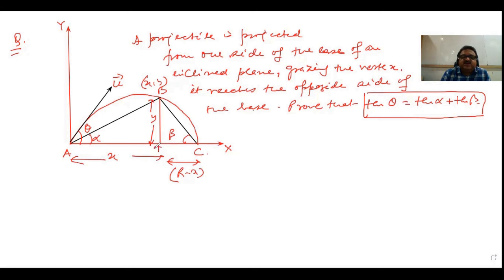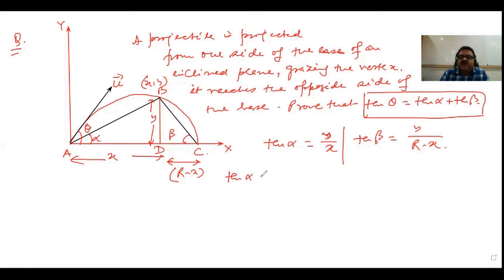In triangle ABC, tan alpha is equal to height by base, that is y by x. And in this other triangle BCD, tan beta is equal to height by base, that is y by R minus x.